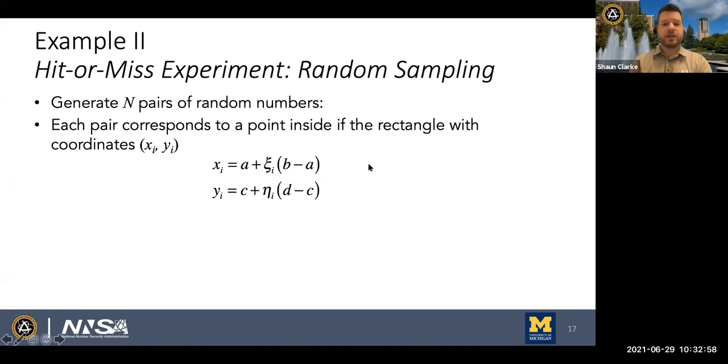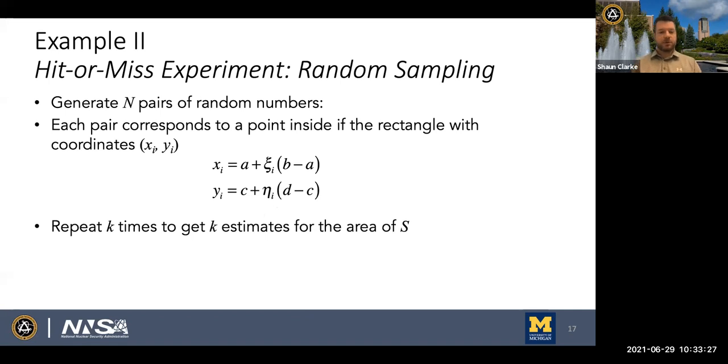So if we get 0 for xi, excuse me, we get A. If we get 1 for xi, we get B. And the same thing for the y value. We need another random number called eta in this case. Same idea here. If eta is distributed on 0, 1, the variable y is going to be distributed between D and C.